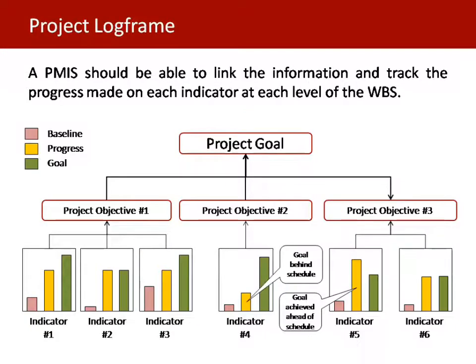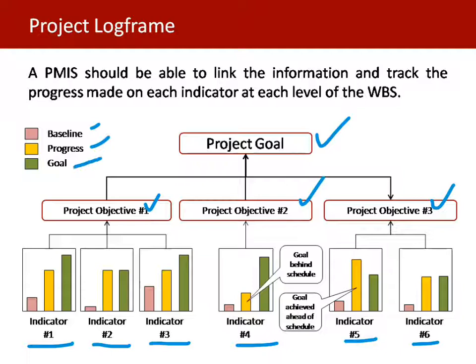Here's another example where we're going to see how the project manager can use the Logframe and the indicators to help make decisions. We have a project goal and 3 objectives, and each objective has a set of indicators. In the indicators we have identified a baseline, the current progress, and the goal.